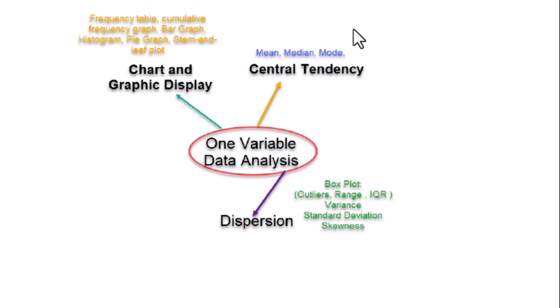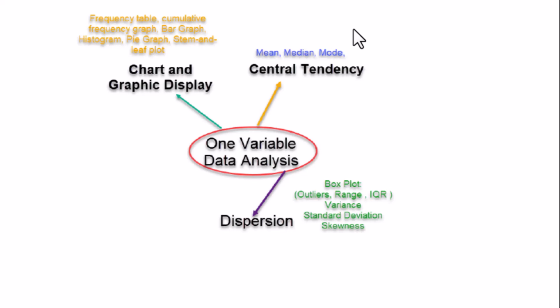We can use a chart and a graphic display, including frequency table, cumulative frequency graph, bar graph, histogram, pie graph, stem and leaf plot. Second part of one variable data analysis will be central tendency, including mean, median, mode.